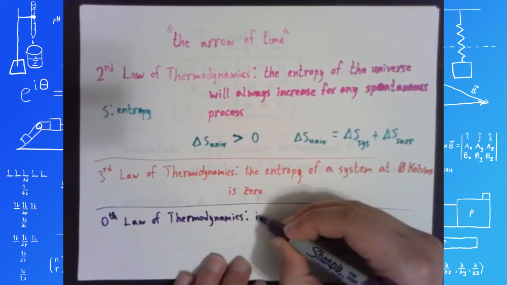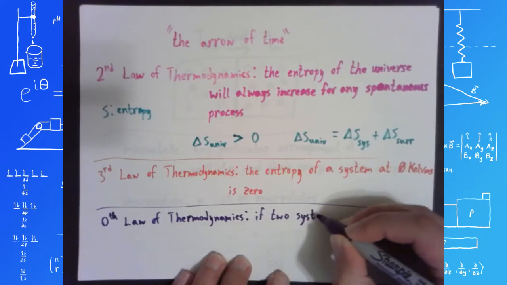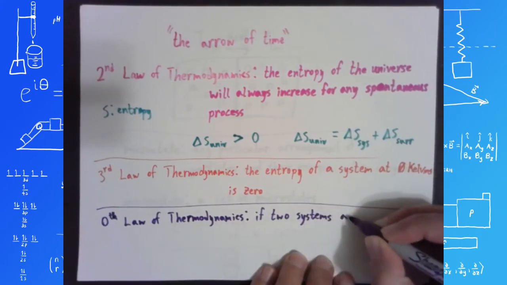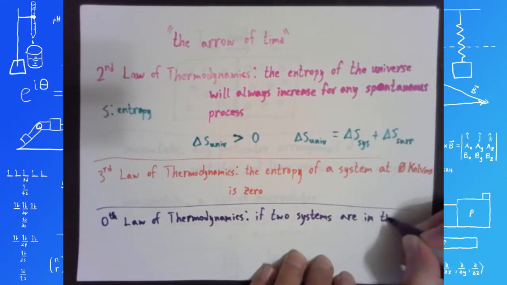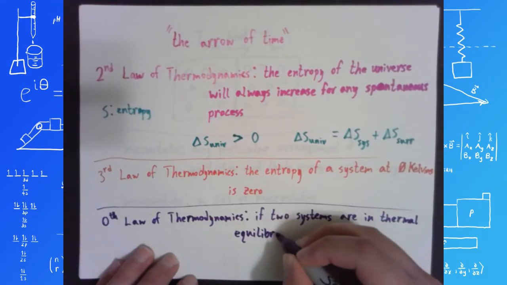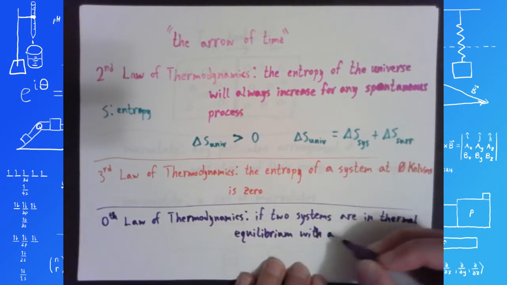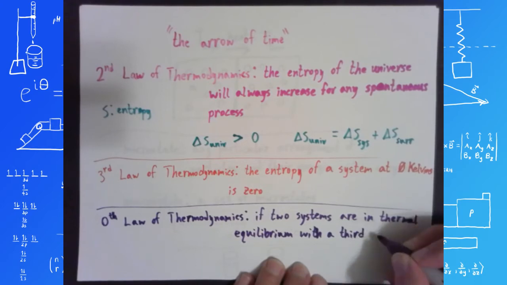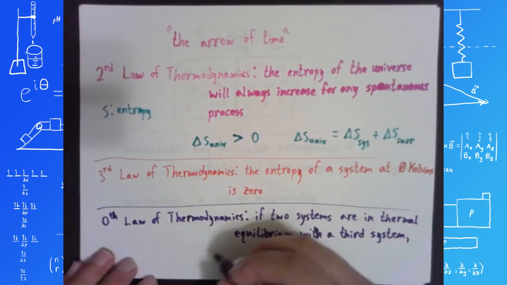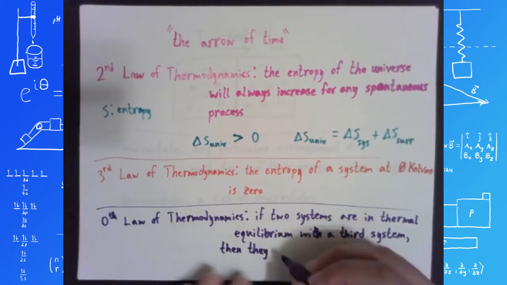says that if two systems are in thermal equilibrium with a third system, then they are in thermal equilibrium with each other.